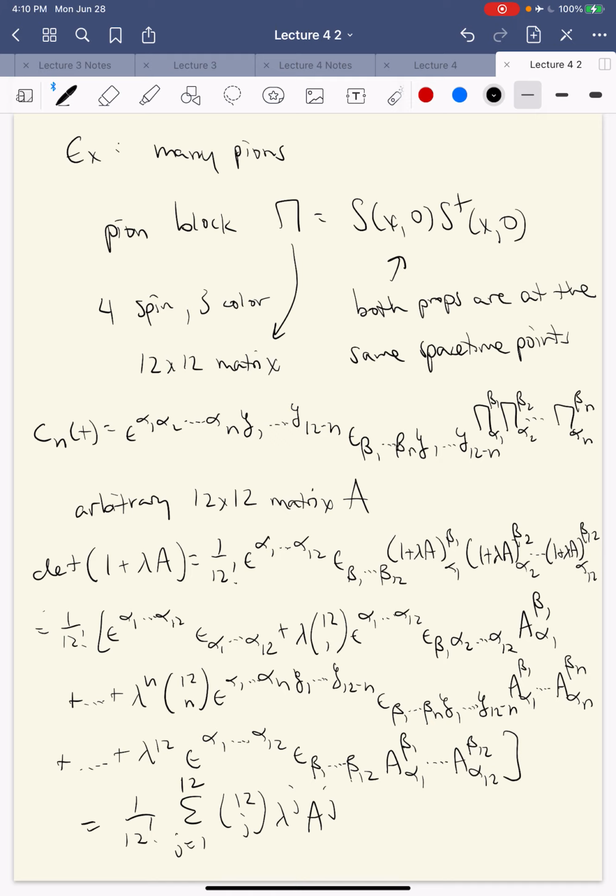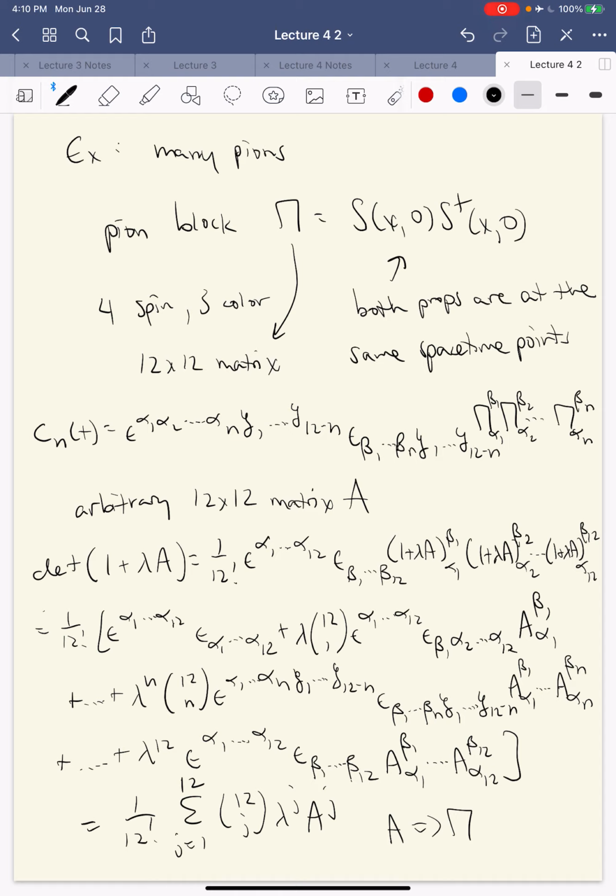All right, so this was just a general property for some general 12 by 12 matrix. Now I'd like to make the association that A is going to be a pion block.